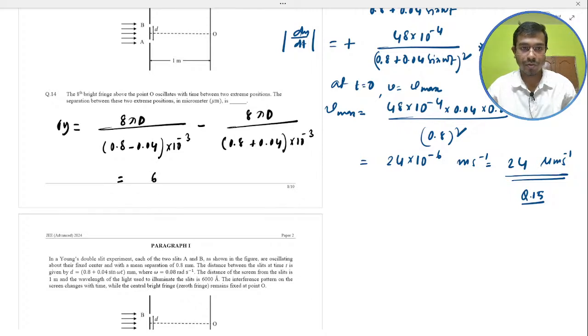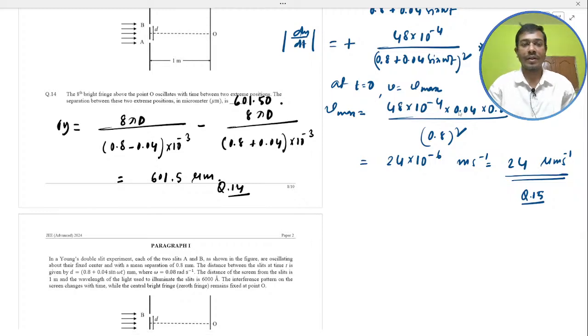This is equal to 601.5 micrometer. The answer would be 601.50. Okay. This is the question number 14 answer.